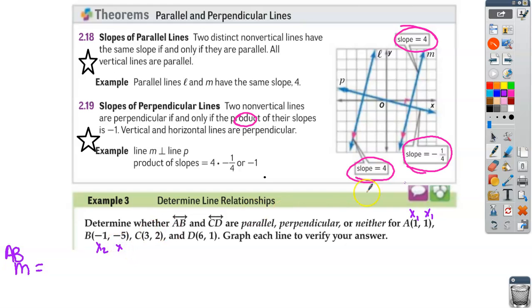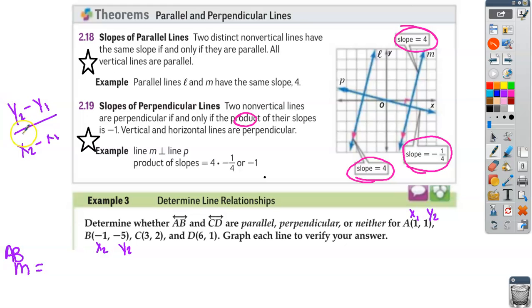I'm just going to label those x1, y1, x2, y2, respectively. Now again, we'll plug those into our slope equation, y2 minus y1 over x2 minus x1.